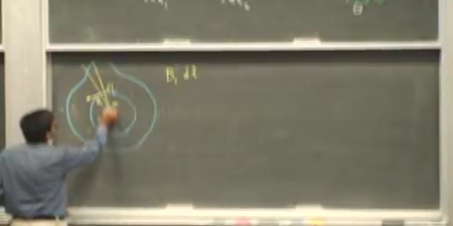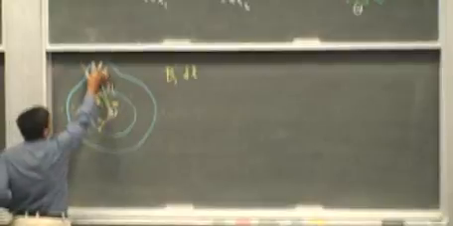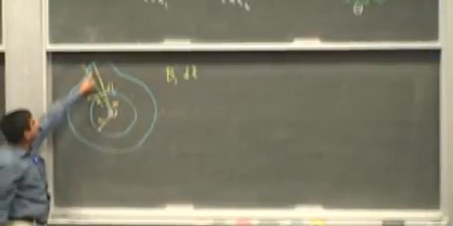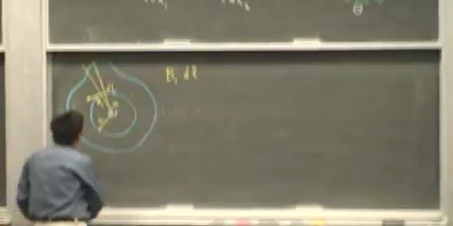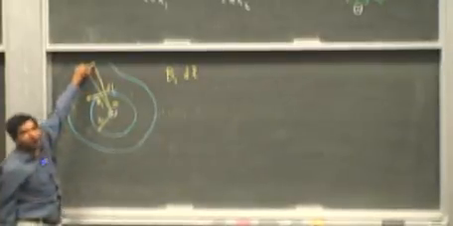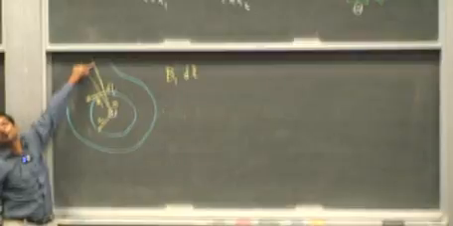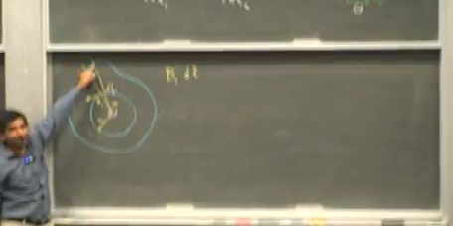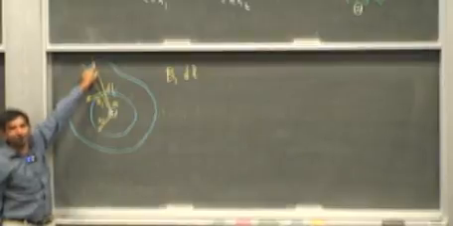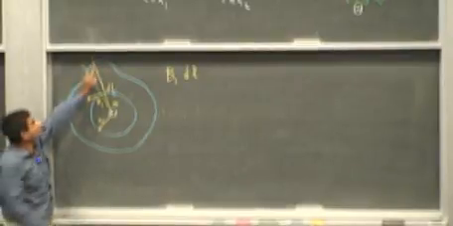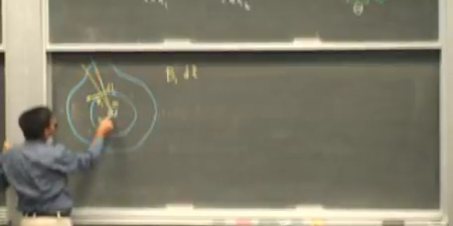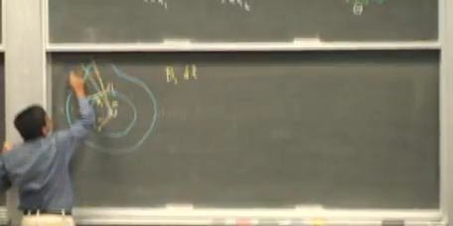Now I have extended these lines so that they intersect the outer path. If I look at this outer path, what is the direction of the magnetic field at this point? It's tangent to this point? No, it's not. I can draw a circle that has this point as the center and passes through this point.